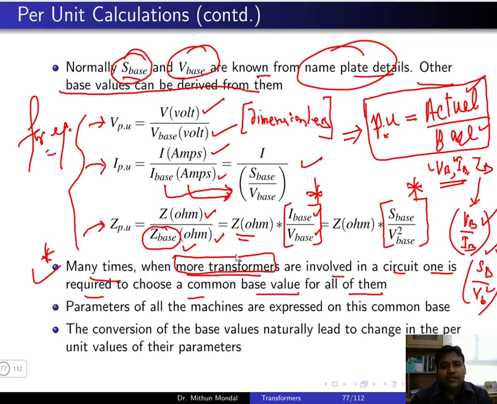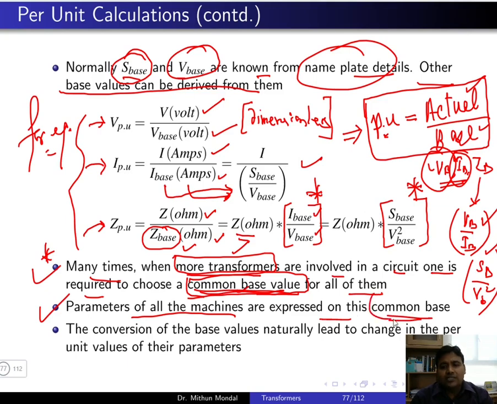So when more transformers are connected, then you choose a common base value and convert the units of the given transformer into the per unit system based on the common base value that you have chosen. So these base values will be the voltage base and the current base. Parameters of all the machines are expressed on this common base.